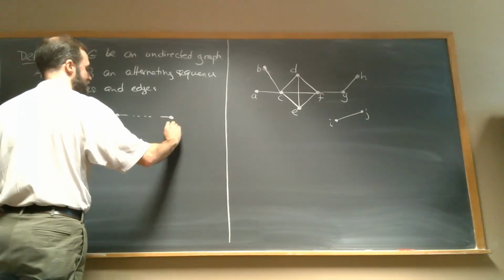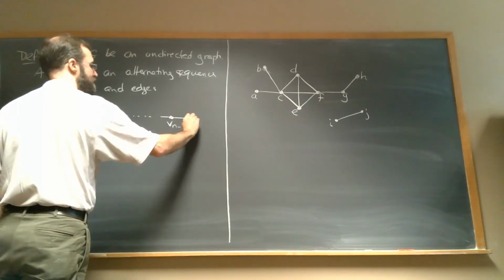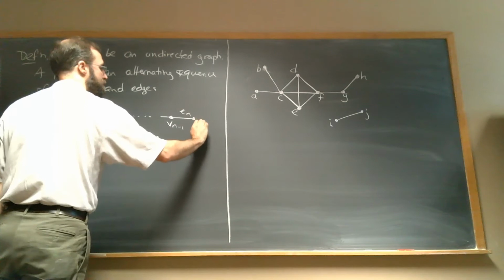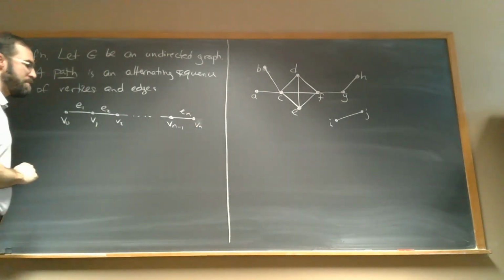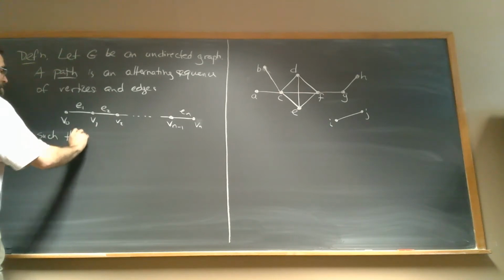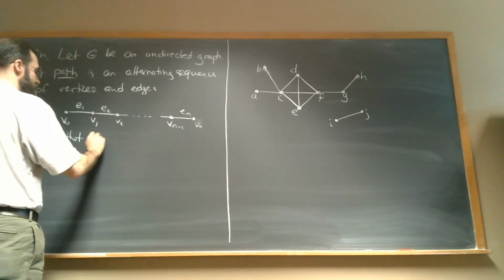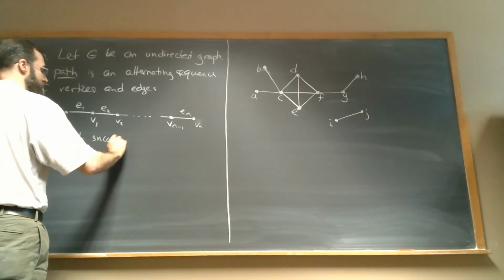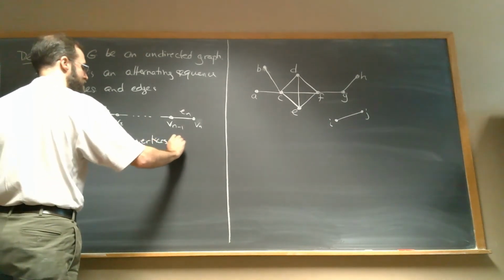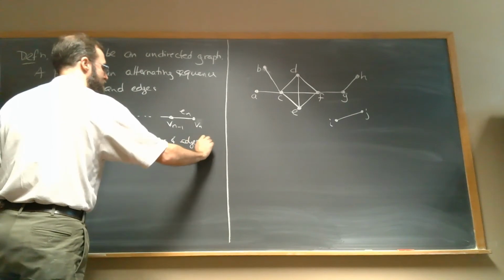Finally, we'll have vertex n minus 1, edge n, vertex n. So maybe we'll say, such that successive vertices and edges are incident.